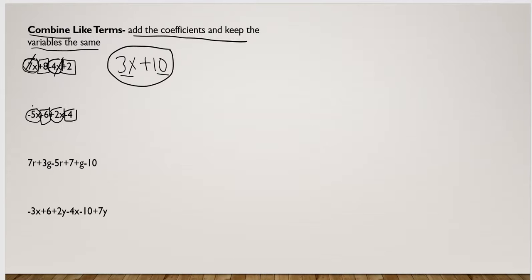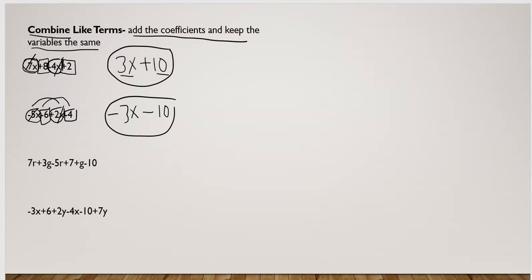So we can combine the negative 5x and the 2x by taking negative 5, adding it to 2, and that gives us a negative 3x. We can also combine the negative 6 with the negative 4. Because there's a subtraction sign in front of the 6, it makes it negative, and because there's a subtraction sign in front of the 4, it makes it negative. So in your calculator, you would put in negative 6 plus negative 4, which is negative 10.